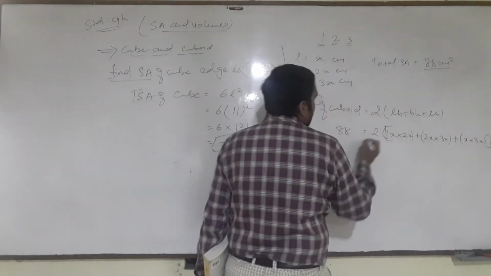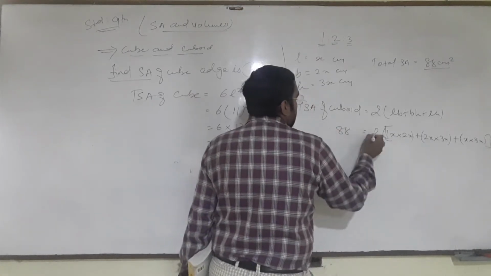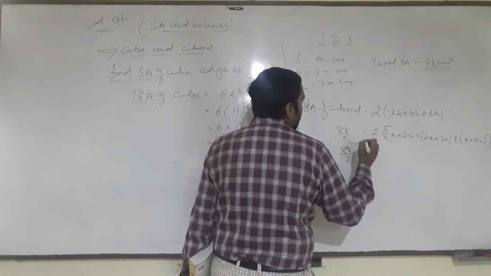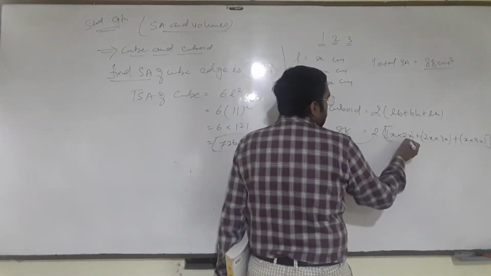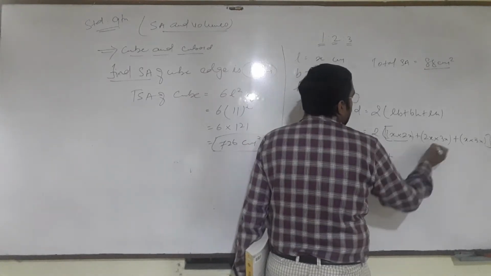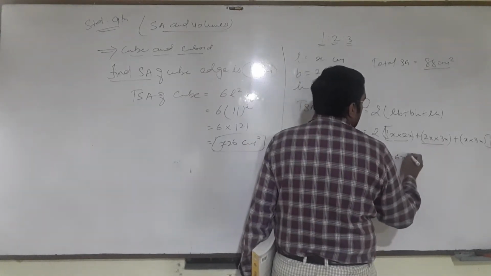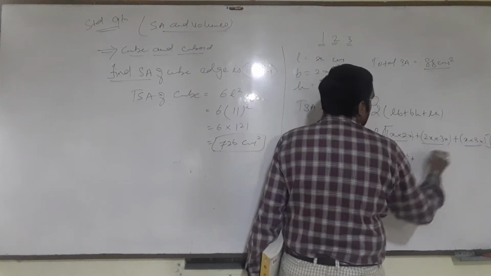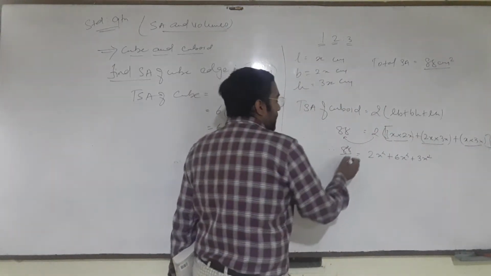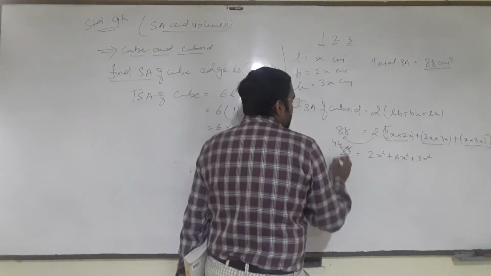Now the 2 is shifted to the other side, so 88 is divided by 2. Therefore 2x into x is 2x square, plus 2x into 3x is 6x square, plus 3 into 1 is 3x square. Now 88 divided by 2 is 44.